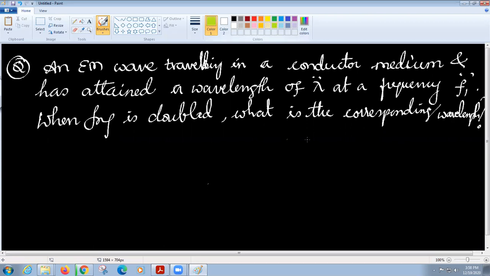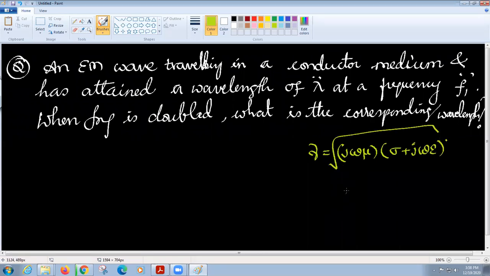Anyway, so see, do we know this? Gamma is equal to the square root of j omega mu times (sigma plus j omega epsilon). Now this is a conductor medium. So in a conductor medium, loss tangent is far greater than 1.